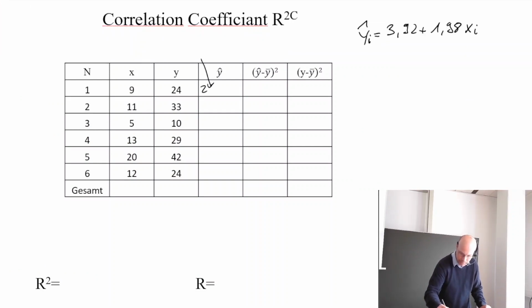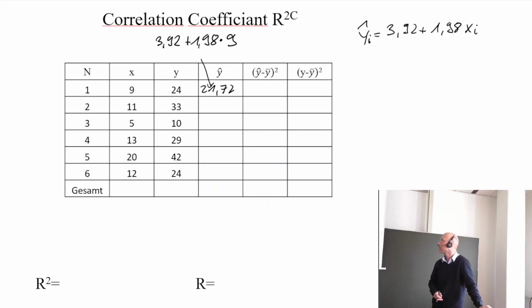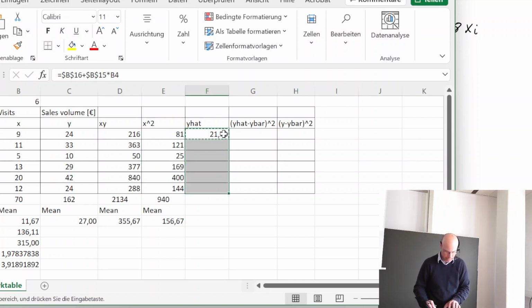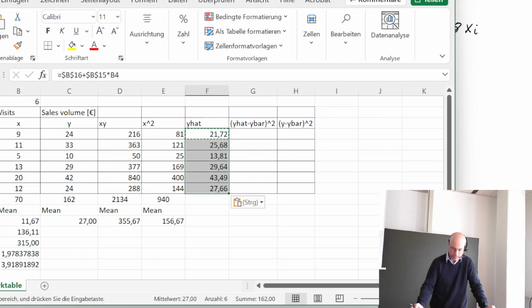This would mean then 21.72, and this is given by 3.92 plus 1.98 times 9. And having this number, we just can move this one down, and we obtain 21, 25, 13, and so on.